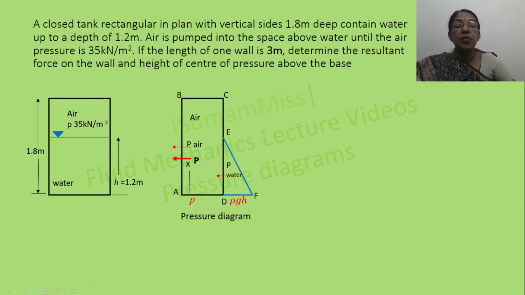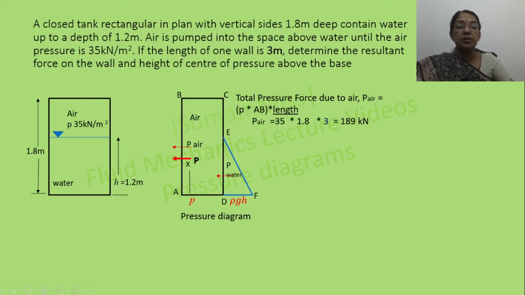Since the length of the wall is given as 3 meter, the total pressure force due to air is equal to P into AB, that is the pressure force per unit width, multiplied with the total length, which is equal to 189 kilonewton. Since this wall is rectangular and air pressure is distributed uniformly, P air acts at mid height of the wall, that is 1.8 by 2, equal to 0.9 meter above the base.